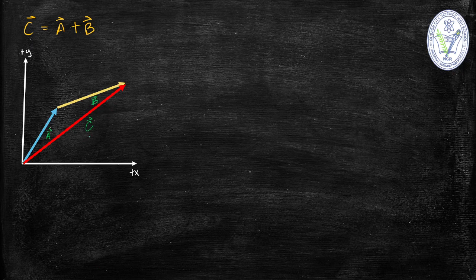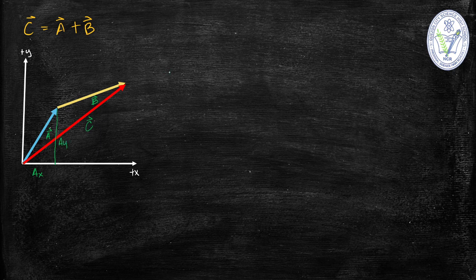Now we have also learned earlier that each vector has what we call the components. So if we would determine the components of A, let's say this is the component of A, so this would be ax and this would be ay.